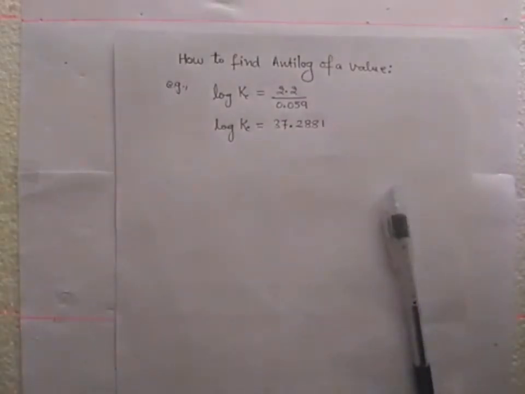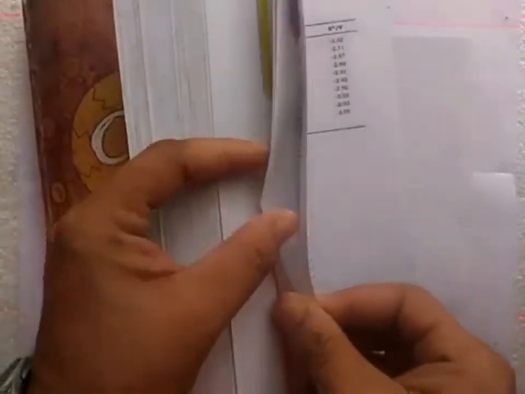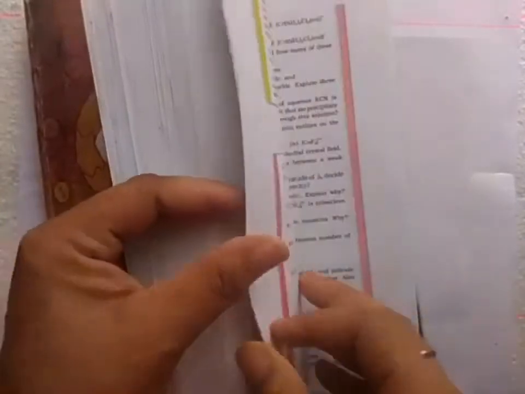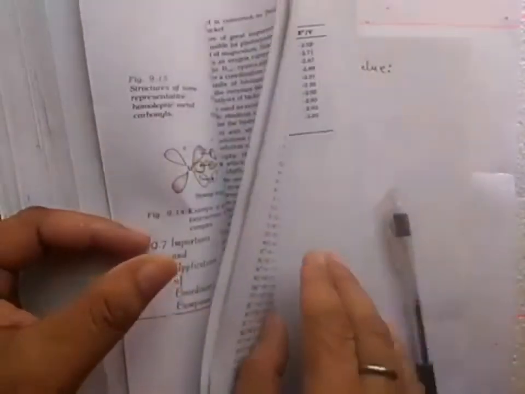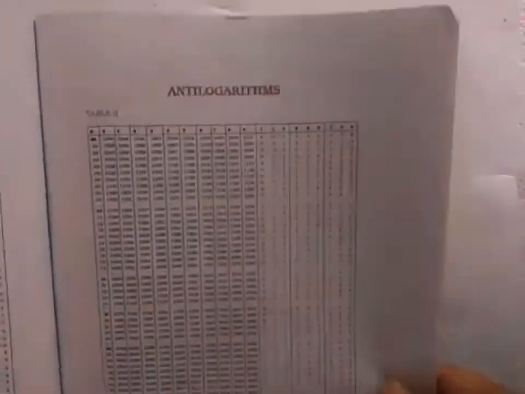For this we are going to use our textbook. We will turn to the table given at the back of the textbook, somewhere around here. Yes, anti-logarithms.